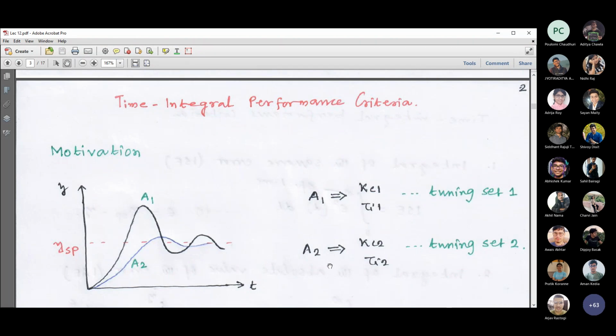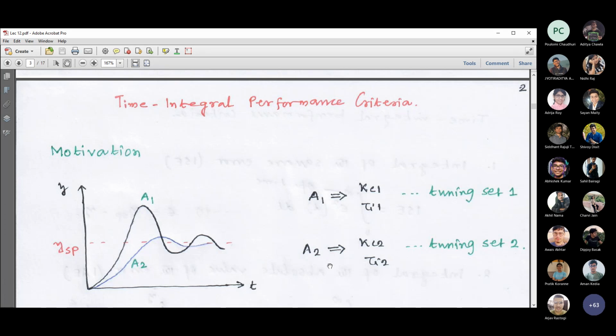Let us first discuss what is the motivation behind this time integral performance criteria. That we want to know first. If you see the plot y versus t, there I have shown two responses.